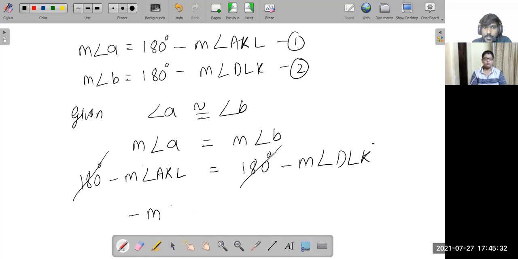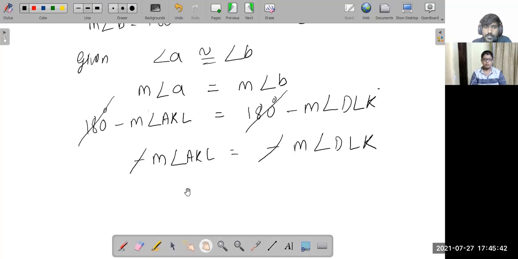And you have minus measure angle AKL is equal to minus measure angle DLK. Minus minus also cancelled. And you have lastly measure angle AKL is equal to measure angle DLK.